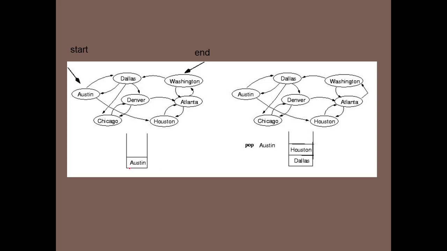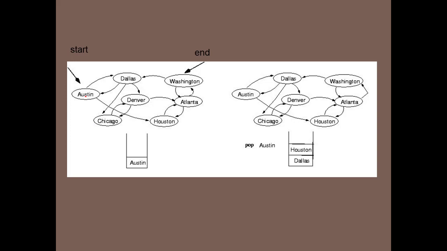For example, look at this graph, where we want to find, let's say, Washington, and our start node is Austin. The algorithm says, first of all, push this start node onto the stack, and found is set to false. Next we have to push onto the stack all the adjacent nodes of Austin.